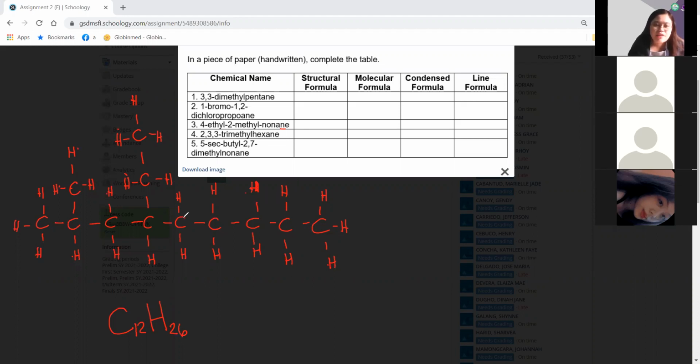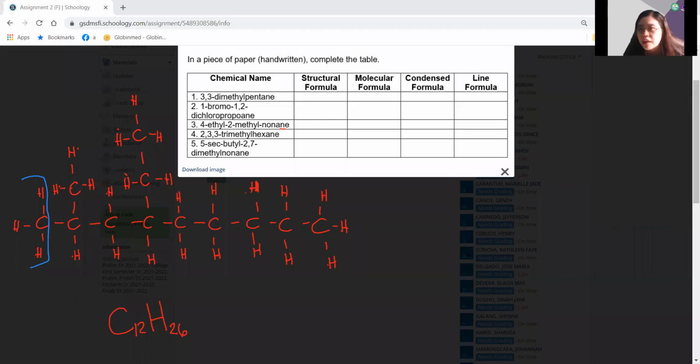Now for the condensed formula, para di taman libat, isa-isahon na to siya ha. Let's start with this carbon. So that's CH3. Saan ako siya ibutang? Iwan ako yung space. Ayan. So let's start with that carbon that is CH3. And then this carbon here is a CH, but on top we have a CH3.